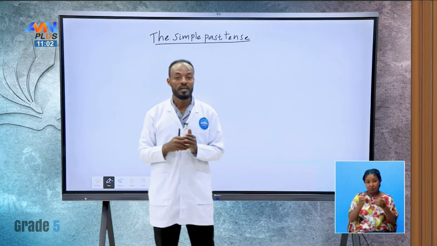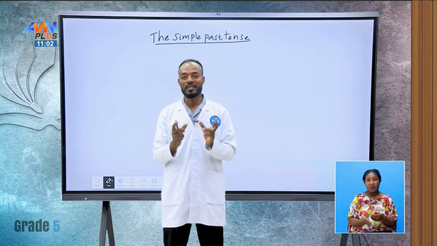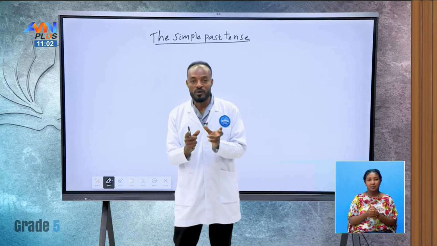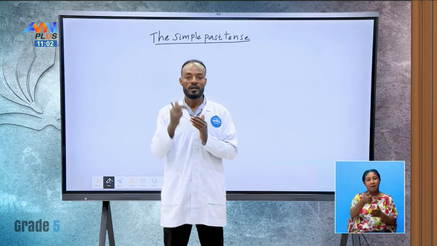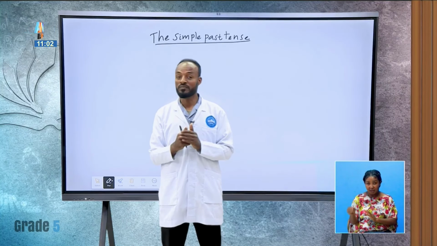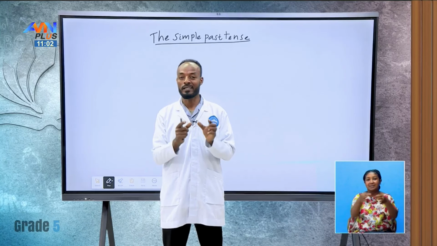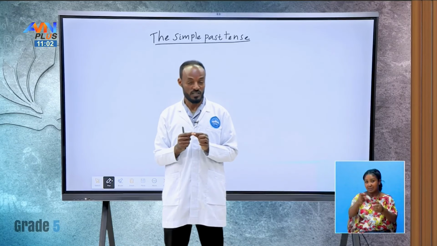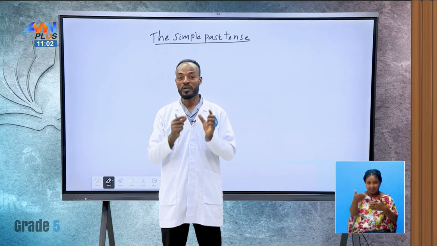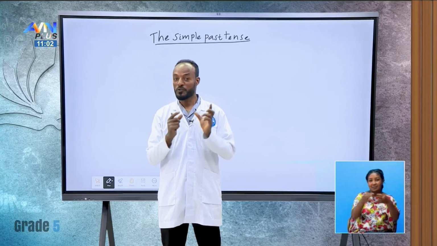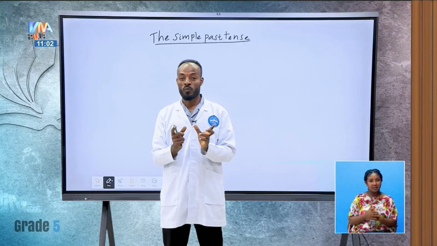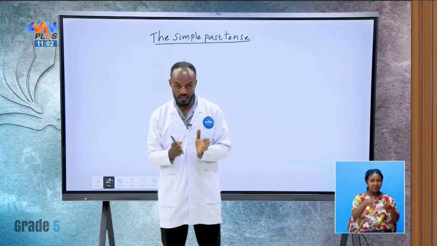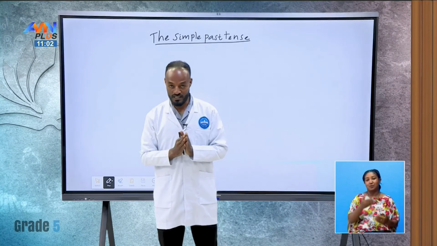Is it clear? Good. And also you are going to talk about affirmative, negative, and interrogative sentences in past simple tense. Is it clear? Then you are going to make sentences using the words which will be given. Is it clear? Very nice.